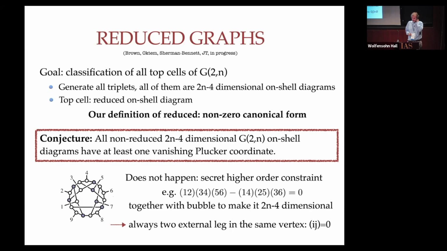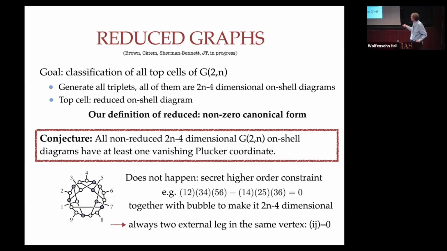So that was one thing we have to do here. We have to define what it means to be reduced, because in the planar case we had this definition when there are no bubbles, and there was a rule how to tell that the diagram has no bubbles, but this definition doesn't necessarily extend to the non-planar diagrams. So here we use some knowledge about the forms.